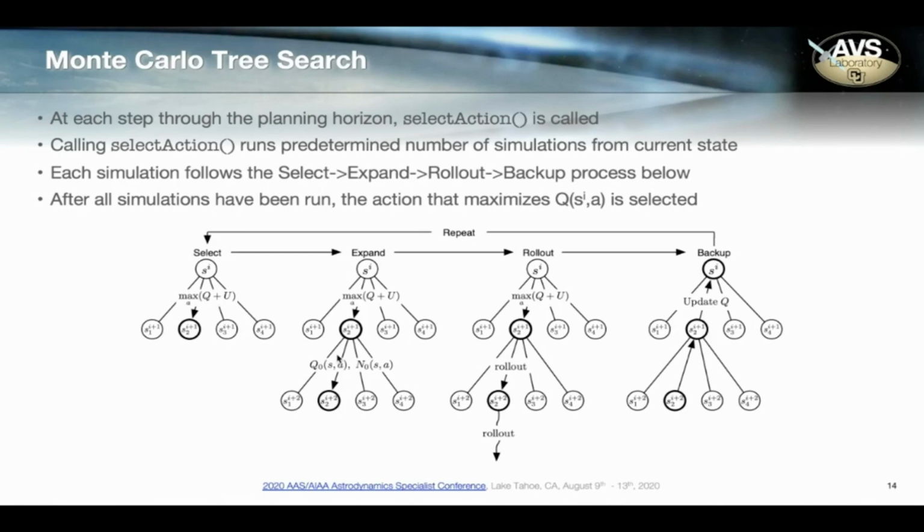For rollout, the actions selected are random unless a ground station is within view, and then a downlink mode is initiated. And this is done to return the most reward possible. And after rollout, the reward generated during rollout and selection are backed up, and the process is repeated again X number of times, depending on how many simulations you want MCTS to run at each step.